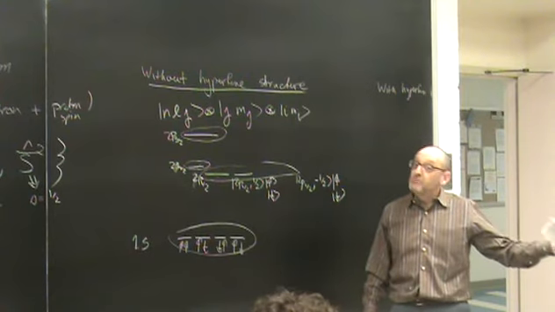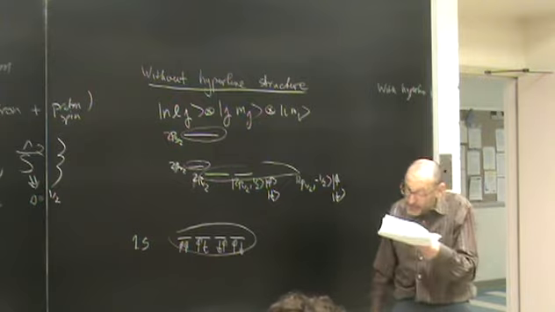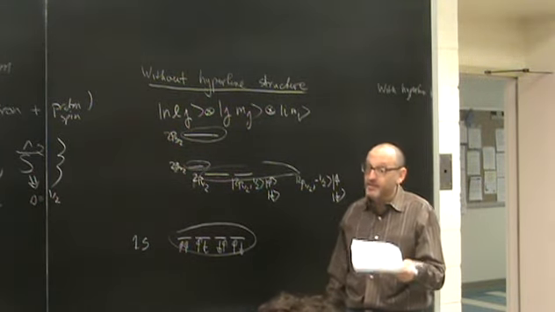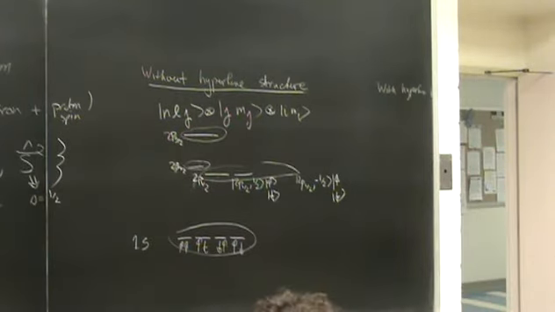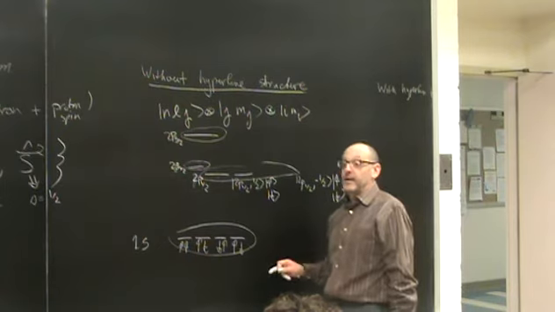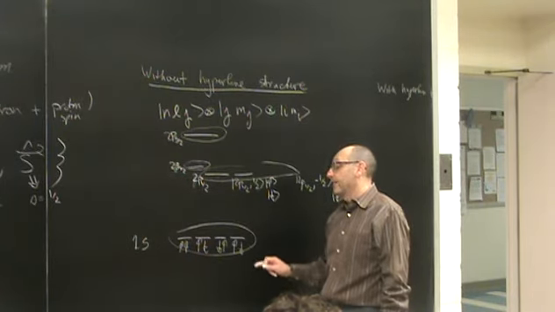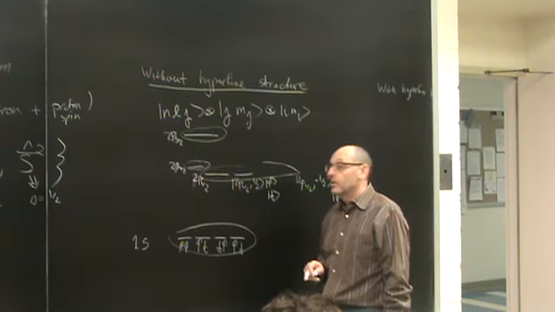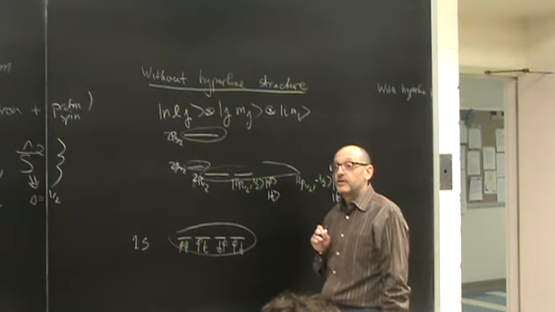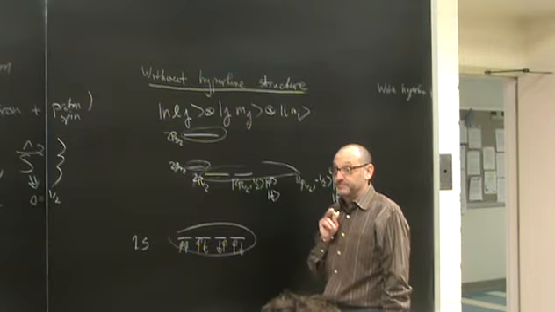Remember, F is the magnitude. It can never be negative, so let's be careful about that. F is the total angular momentum. We're adding together the electron angular momentum and the nuclear angular momentum. The possible values are 1 and 0.